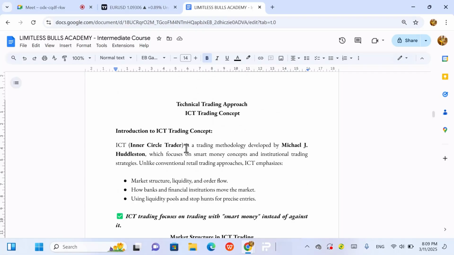This section will be doing practicals. All what you have learned in ICT, we'll be practicalizing it, and this is major chart work. Maybe anywhere we stop, we will continue from there in the next class as well.